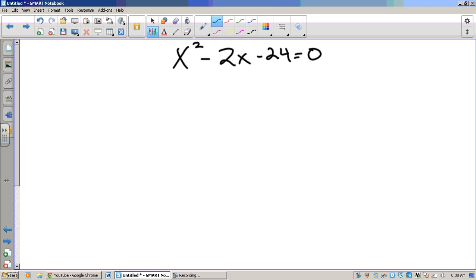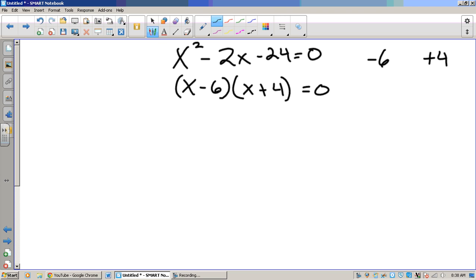So what multiplies to -24 and adds to -2, Andy? -6 and +4. And since the leading coefficient is 1, we don't even have to split the middle term. We just know that x minus 6 times x plus 4 equals 0.